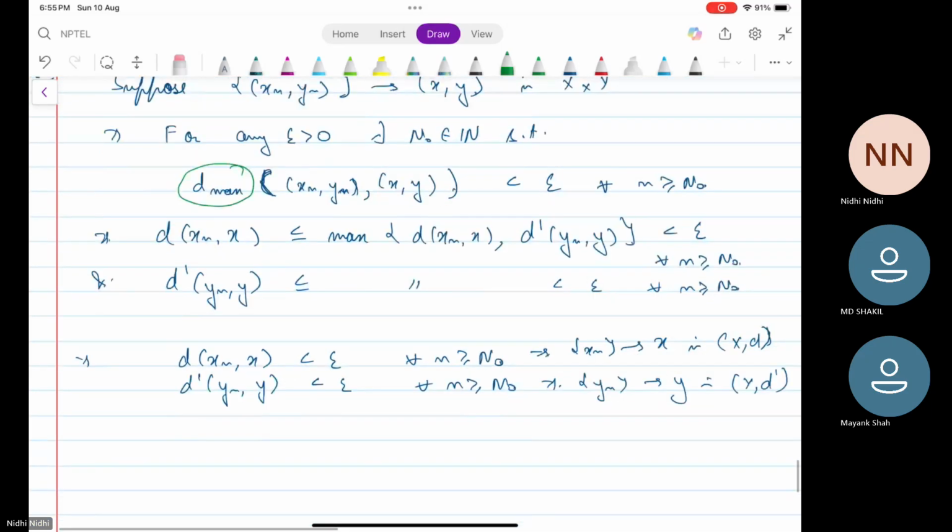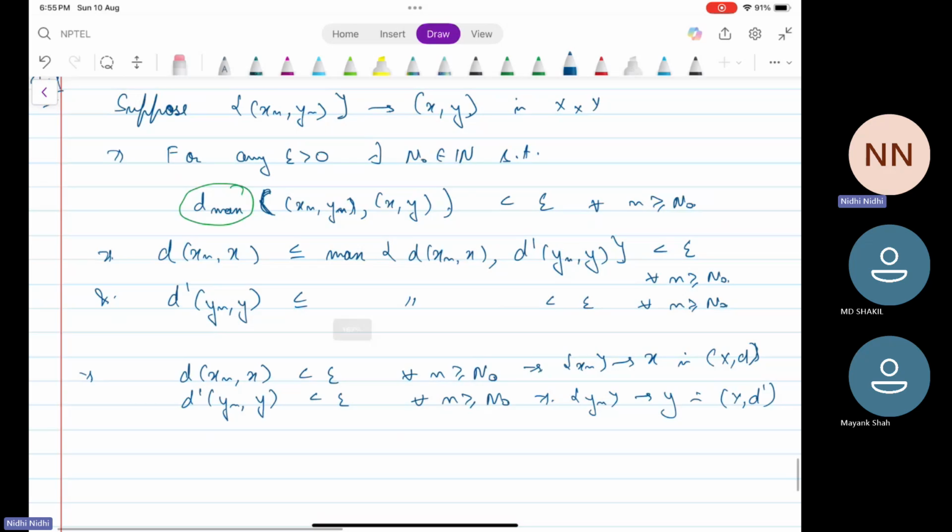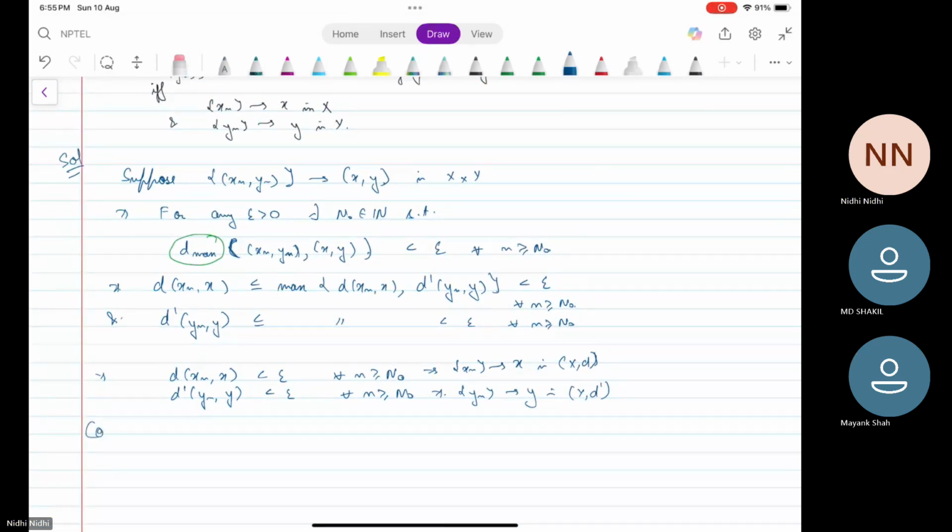So try its converse part. Conversely, try to show that if x_n converges to x and y_n converges to y, then (x_n, y_n) converges to (x, y) in the product space.